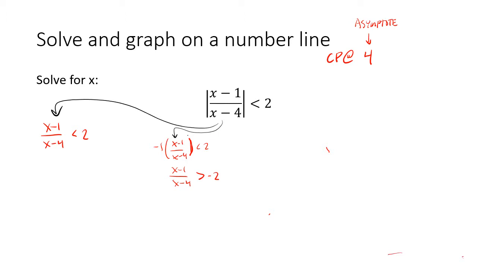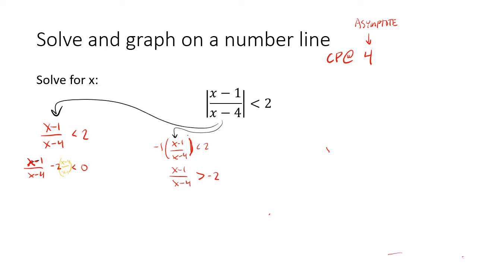So we're going to say x minus 1 divided by x minus 4 minus 2 is less than 0. This is the part of the boundary method where we have to set the relation equal to 0. Now we're going to multiply this 2 by our common denominator, x minus 4.